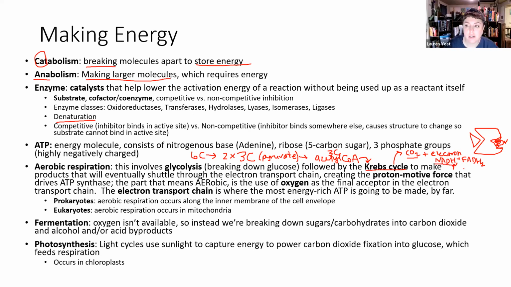That H is a hydrogen associated with its electron, right? It's not a proton, it has an electron with it. So that's important to remember. So already I've shown you where carbon dioxide comes from. This is why you breathe out carbon dioxide. This is the only reason in your entire body that you breathe out carbon dioxide. No joke.